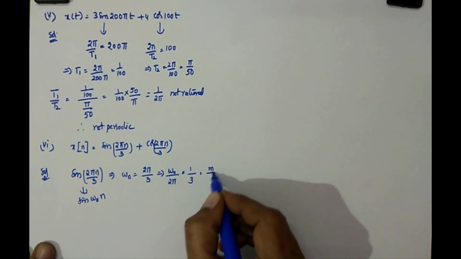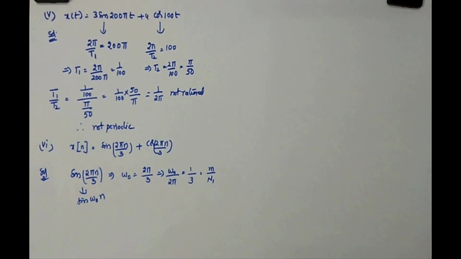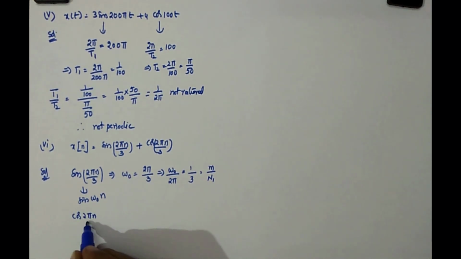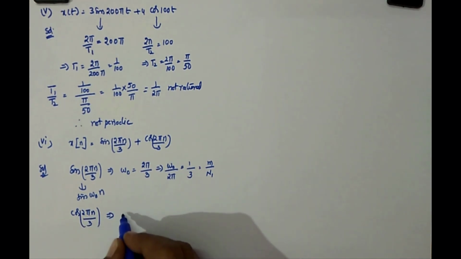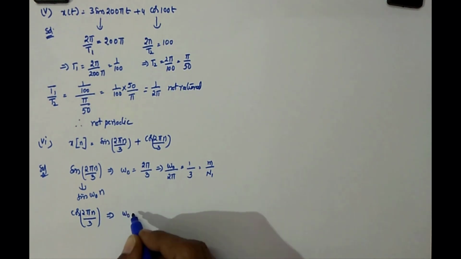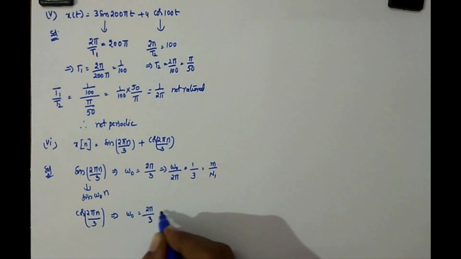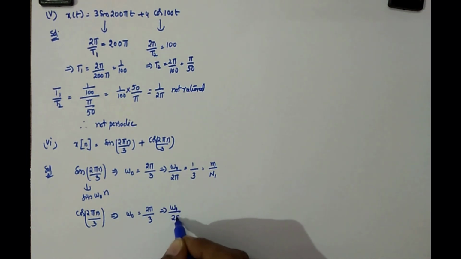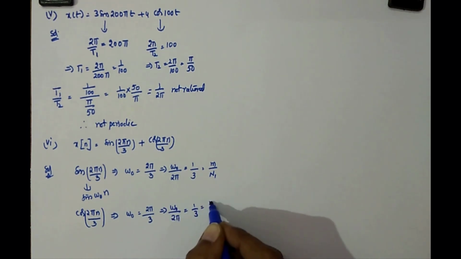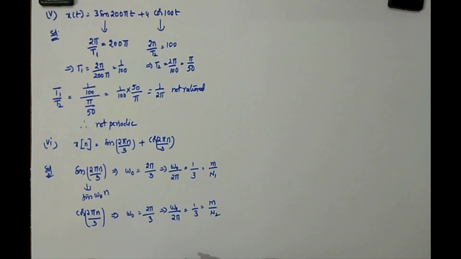Take it as m by N1. For a single term I explained already. And the same for the second term. Omega naught is 2 pi by 3, which implies omega naught by 2 pi is 1 by 3, which is m by N2.